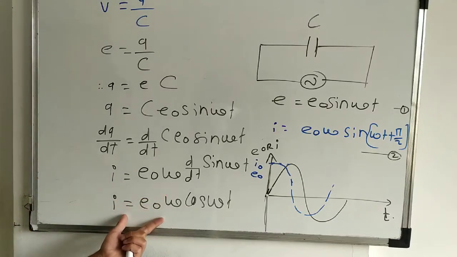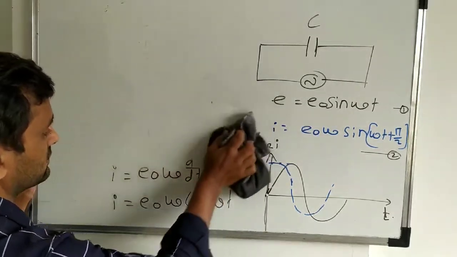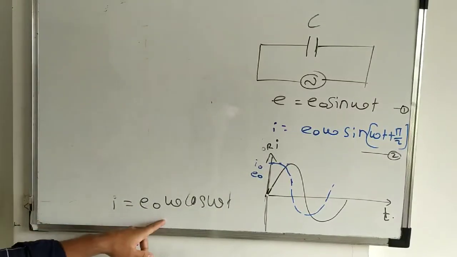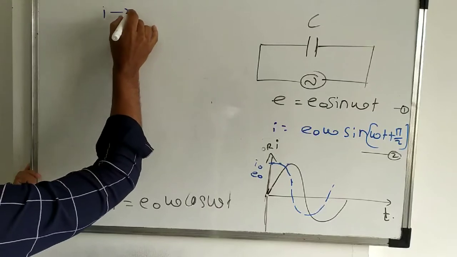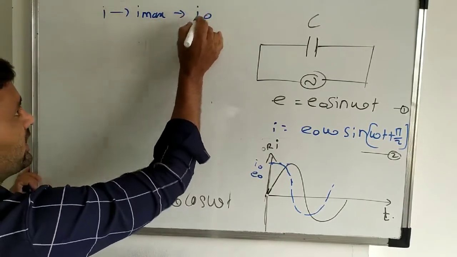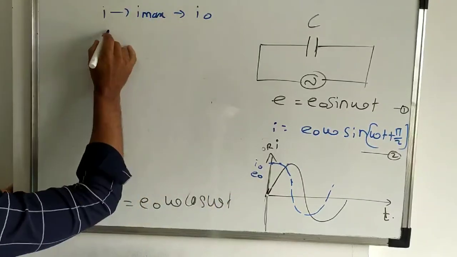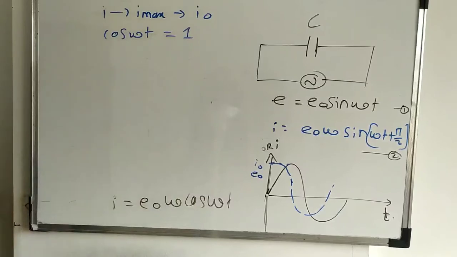If we look at the equation for the maximum value of the current, I becomes I max when cos omega t becomes 1.